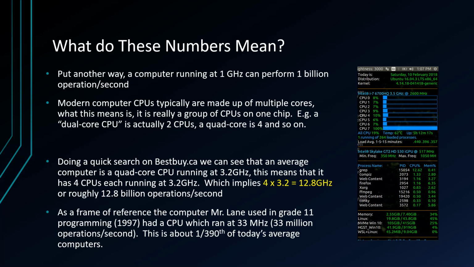But if you compare that against the average computer that we just talked about above, that's 1/390th of today's average computers. That means if something takes you 1 second, it takes me 390 seconds. So that's over, what is that? That's over 6 minutes for something that takes you 1 second. That's a big difference. It's a huge difference.